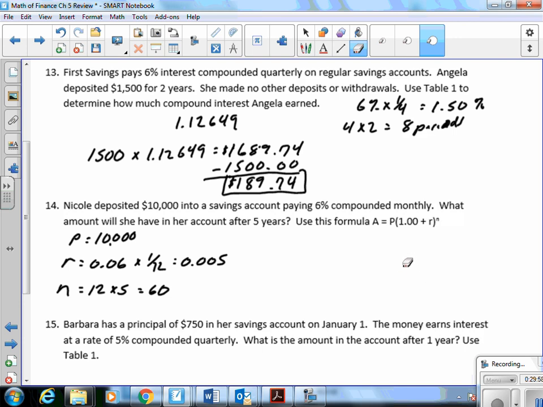So then we plug all that into that formula. The amount in the account is going to be equal to 10,000 for P times (1.00 plus 0.005) raised to the 60th power. So 10,000 times 1.005 to the 60th.